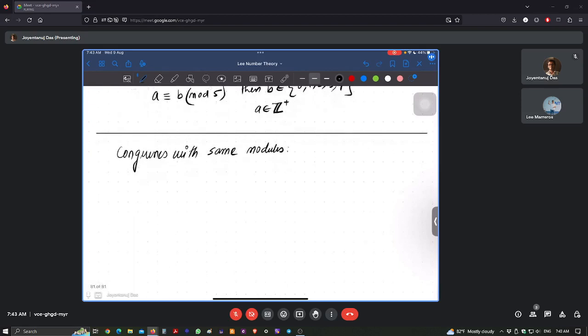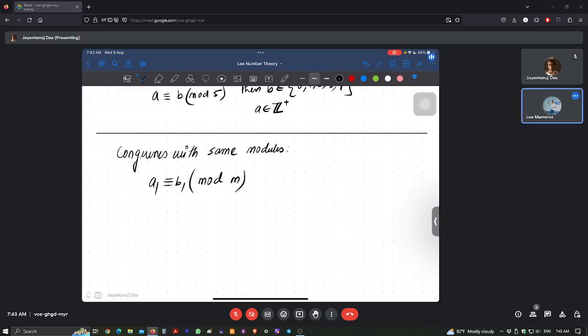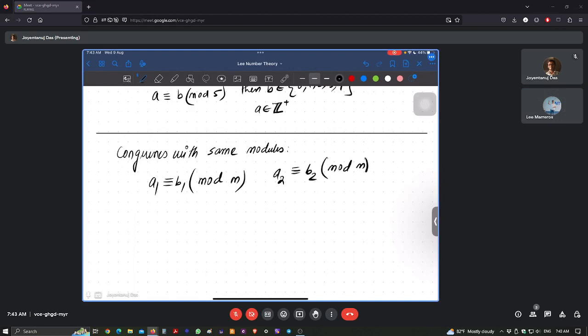For example, if I take A1 congruent to B1 mod M, and another congruence A2 congruent to B2 mod M, then if I add and subtract, that will also work. That is, A1 plus or minus A2 is congruent to B1 plus or minus B2 mod M.